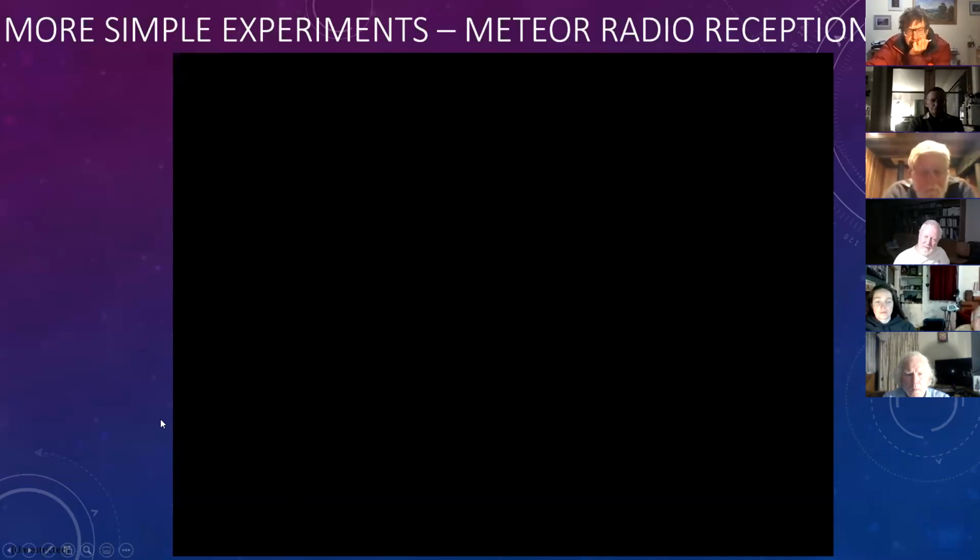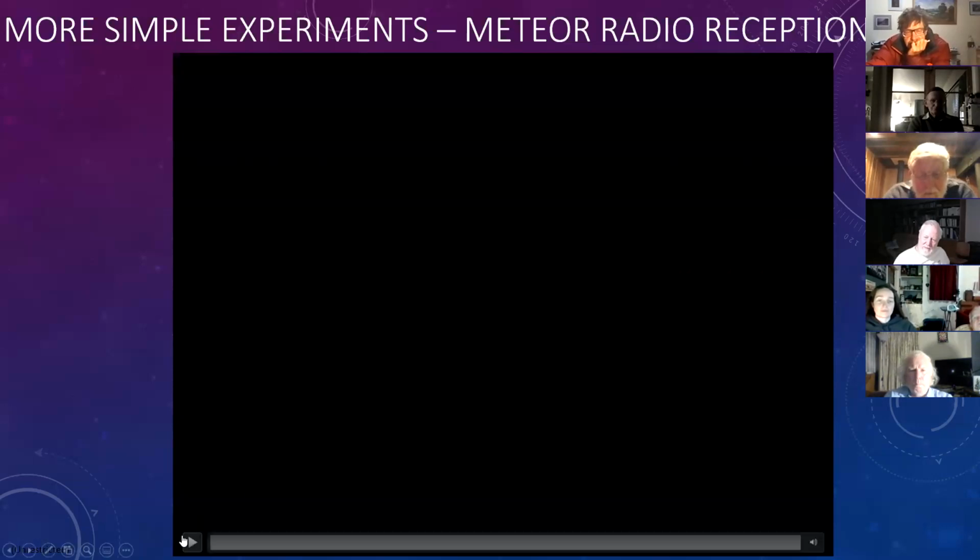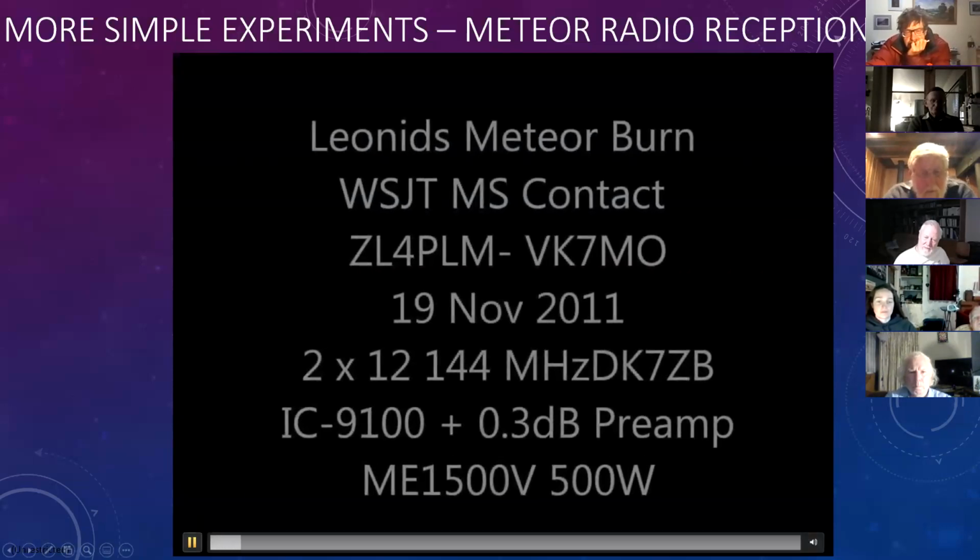You can hear that wobbling as the meteor comes through, and certain parts of the meteor trail are more ionized than others, leading to peaks and troughs, and you get that sort of Doppler bobbling effect.